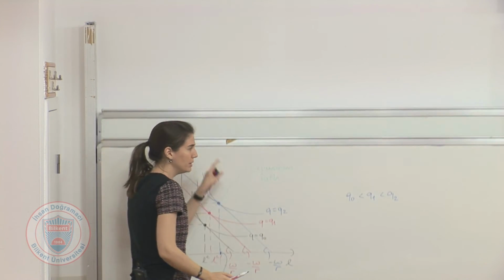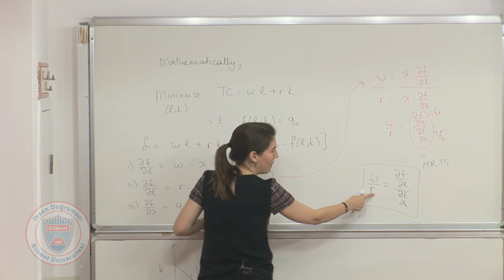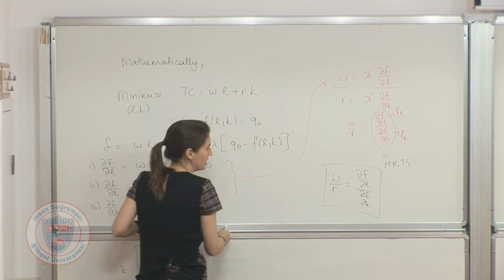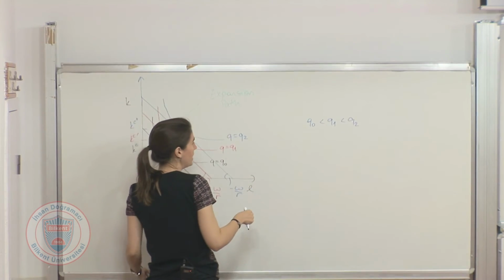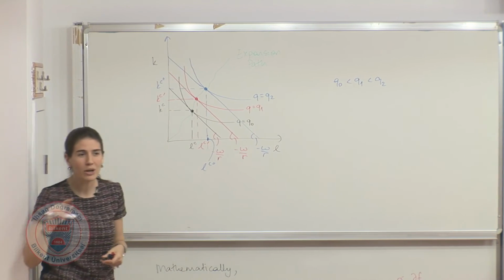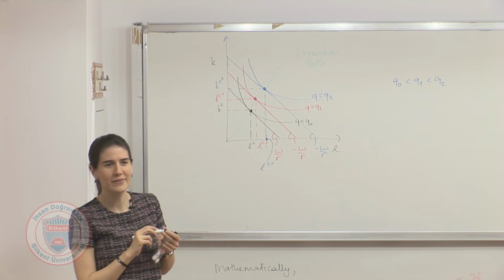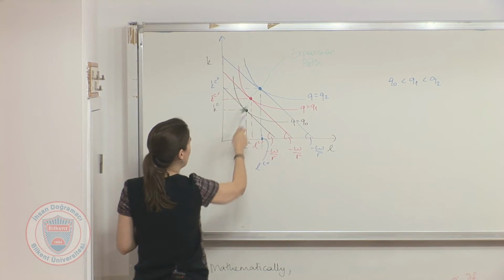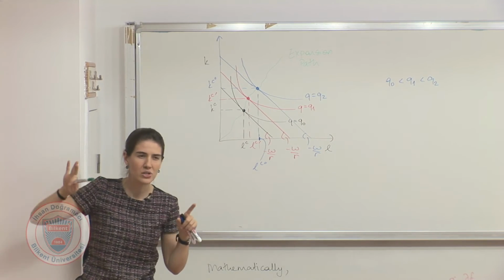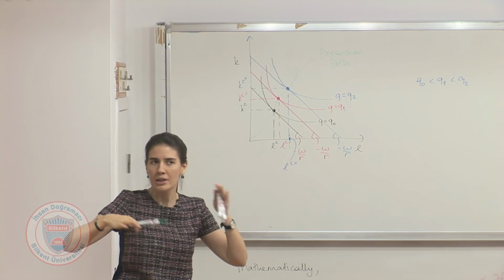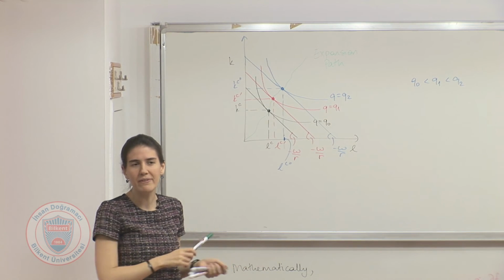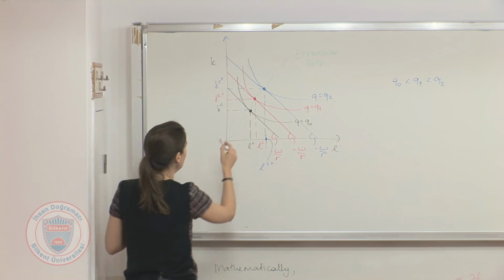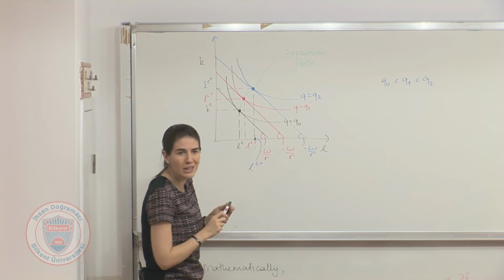We know how to get it. When you solve the problem, you would get the expansion path from here: K is equal to something times L. So this is the expansion path. This is actually a question that was in your exam, and you'll see it's very similar. Remember, we know things about the income expansion path; whatever we learned would also be valid here. In which cases would this expansion path be a ray through the origin, a line?